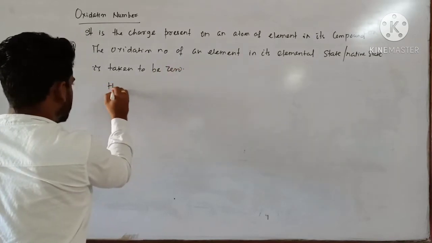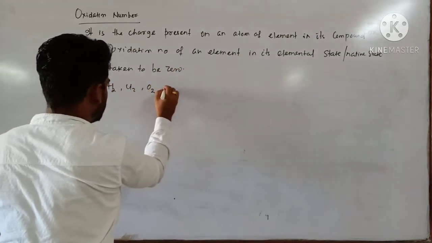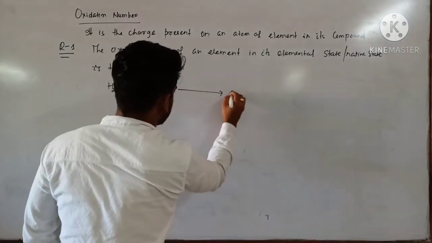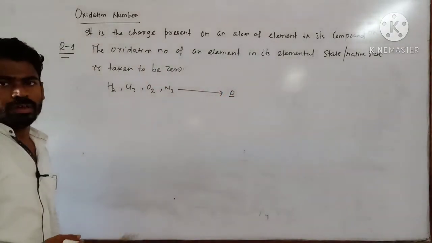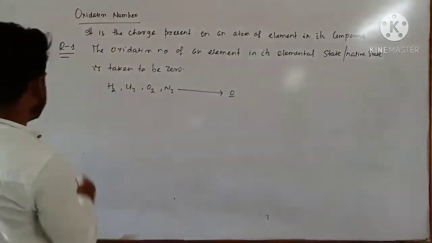For example, H2, Cl2, O2, N2, their oxidation number is taken to be 0 in its free state or native state.